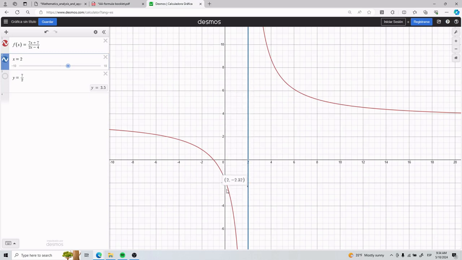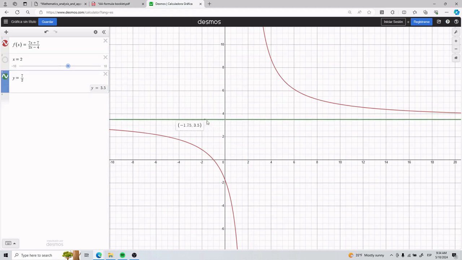So for the vertical asymptote, you put in a fixed x value, which means that all along the line it's just 2. And for the horizontal one, it's the same idea. It's a fixed y value. It's always 7 over 2. Well, here it puts it as 3.5. I know it's a little bit counterintuitive, but for the horizontal one, it's a fixed y value, so you need to put y equals something.